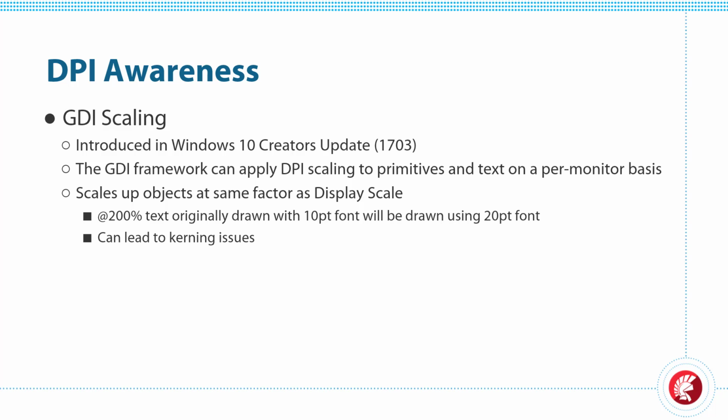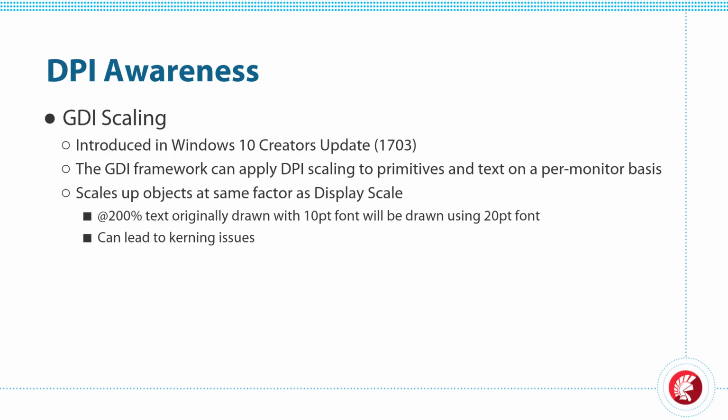What it does is it indicates to the GDI framework, hey, this application is really not designed for high DPI, but when you move it from a 100% display to one that runs higher, like 250 or 300, whatever it is, 200%, render any of the text that GDI rendered before and use a different font.